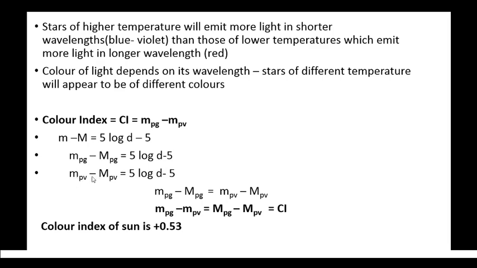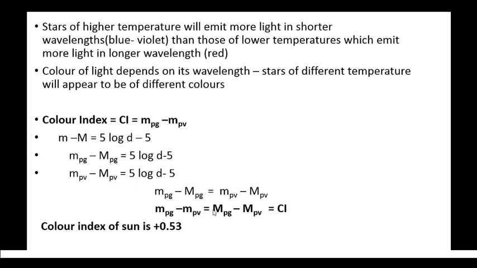So mPV minus MPV is equal to 5 log d minus 5. So we got two equations, but the right hand side is equal, so you can equate the left hand side. So mPG minus MPG is equal to mPV minus MPV. You can rearrange it.